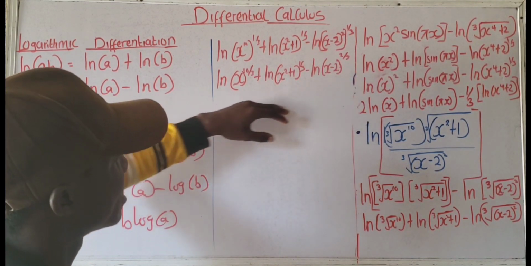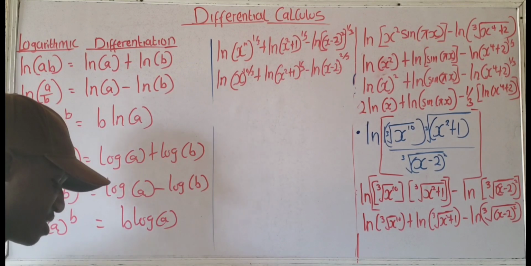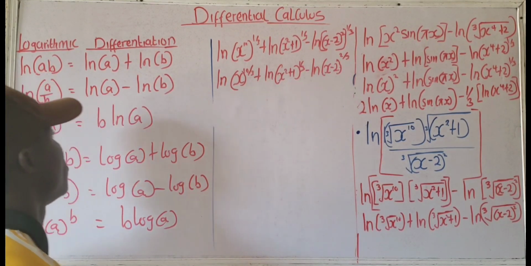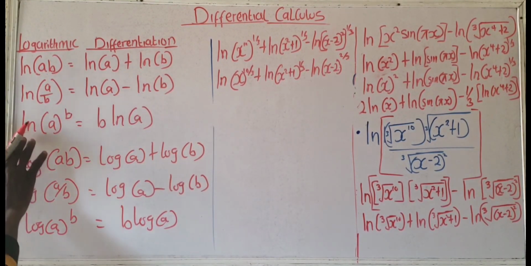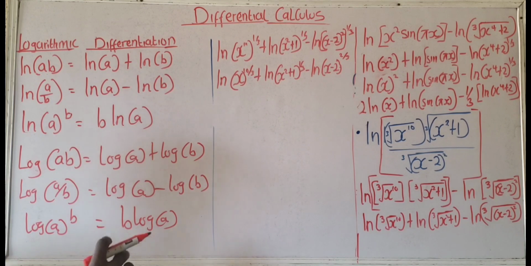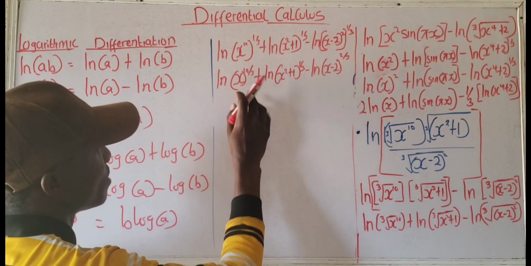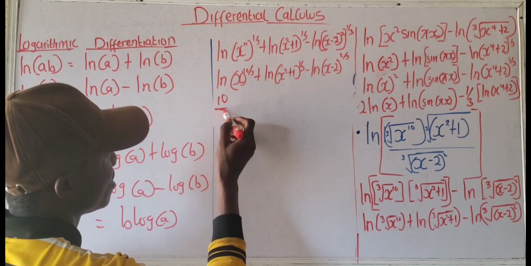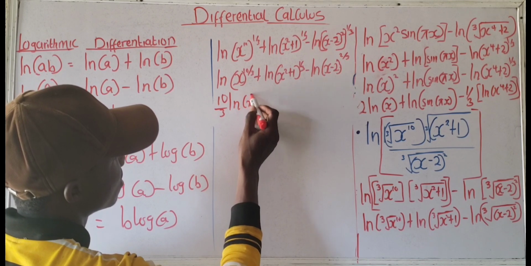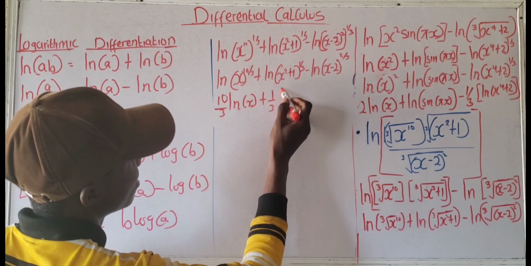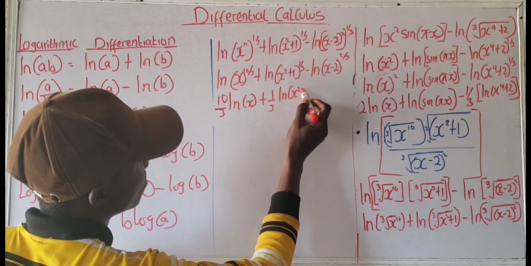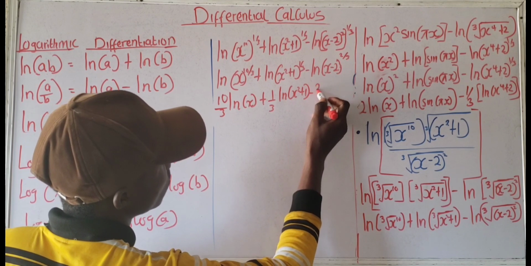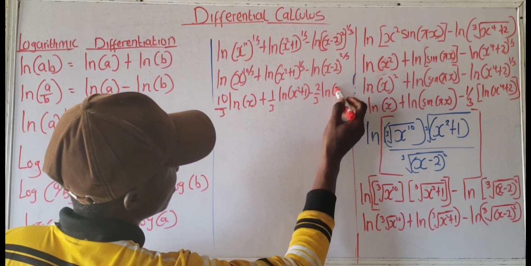So the expansion of this, you can now rewrite it, because the log of a power is the product of the power and the log, and we have ln x raised to the power of 10 over 3 here. I can write 10 over 3 ln x plus 1 over 3 ln of x squared plus 1 minus 2 over 3 ln of x minus 2.